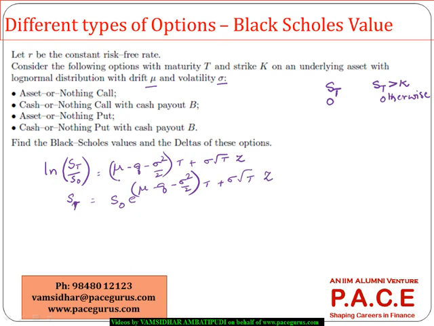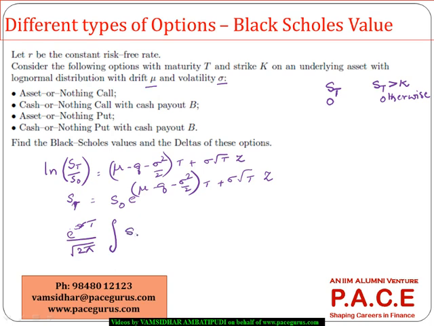This is ST. Now when I want to find out the value of the call option, I am doing it as e power minus rT divided by square root of 2 pi, integrate whatever is the payoff.